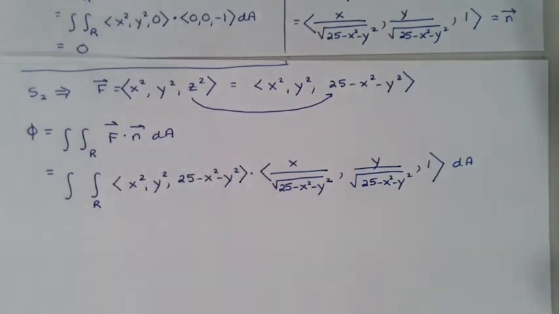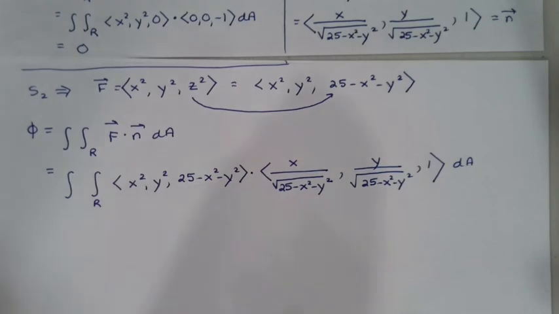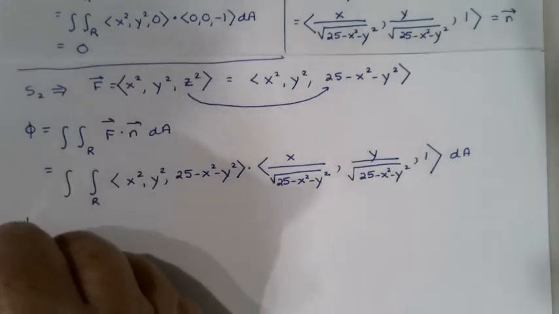All right. Let's see. I definitely do see some hints that maybe this is going to work out well with polar coordinates. I think I want to go to polar. My R was that circle of radius 5, remember, in the xy plane.